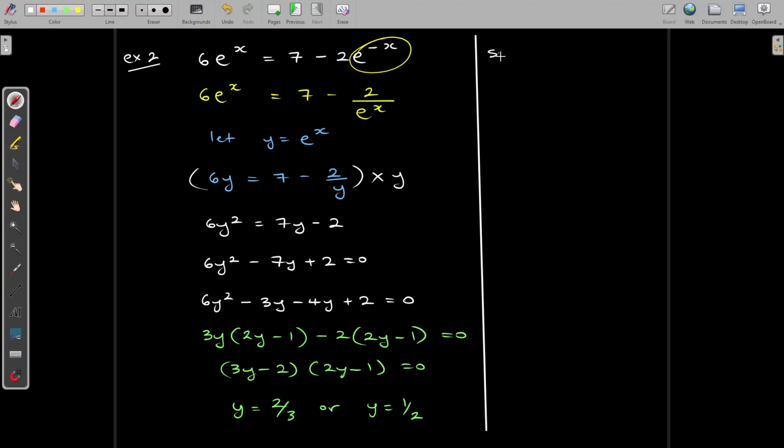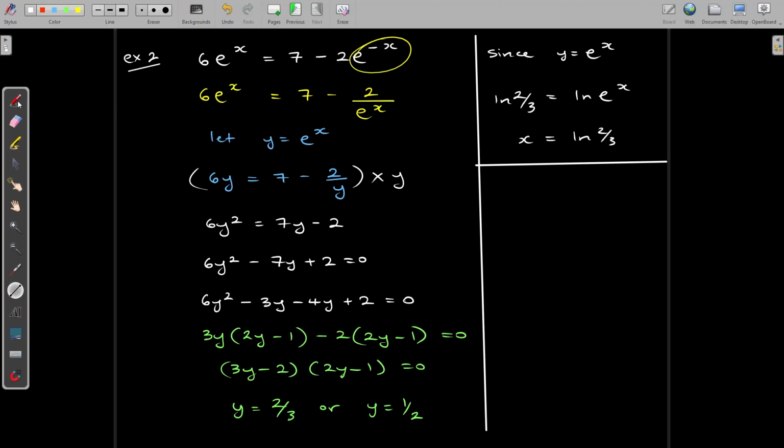So since y is equal to e to the x, 2 over 3 equals e to the x, take ln of both sides, ln e to the x. So x is equal to ln 2 over 3. That's one of our solutions.